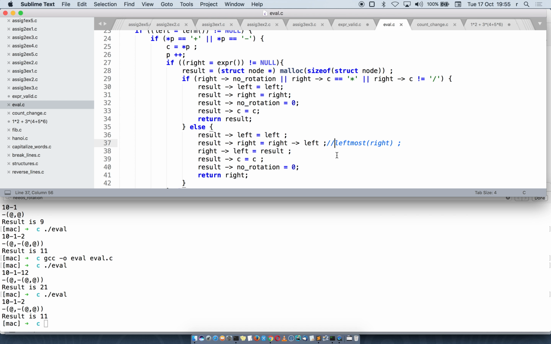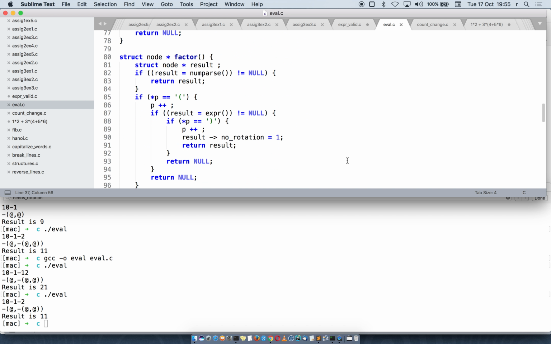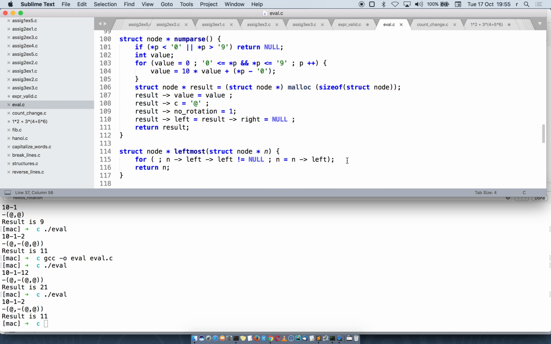No. All right, in traversing, let's do the traversing properly.